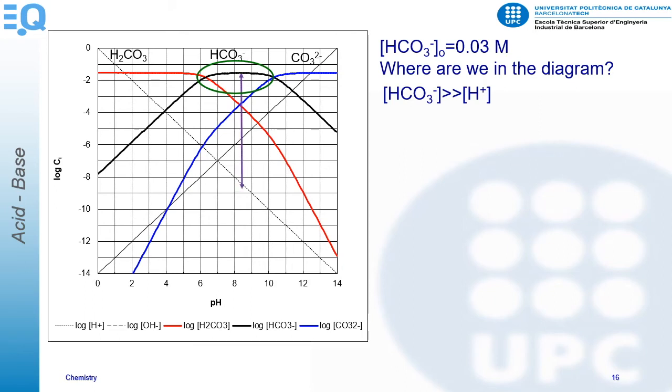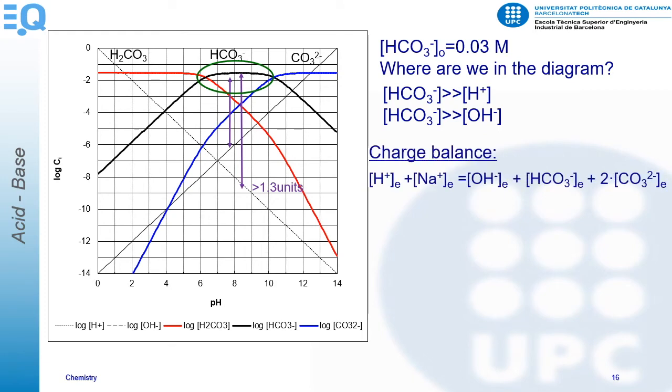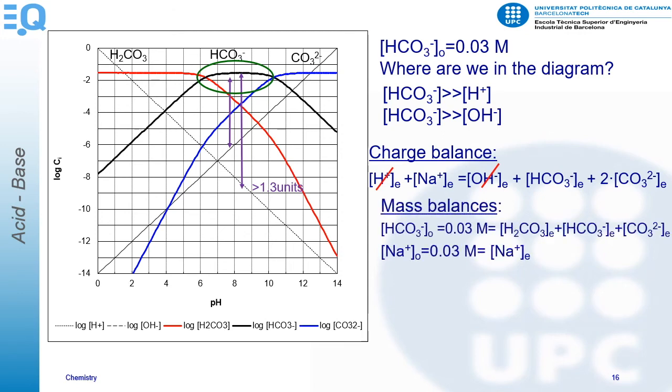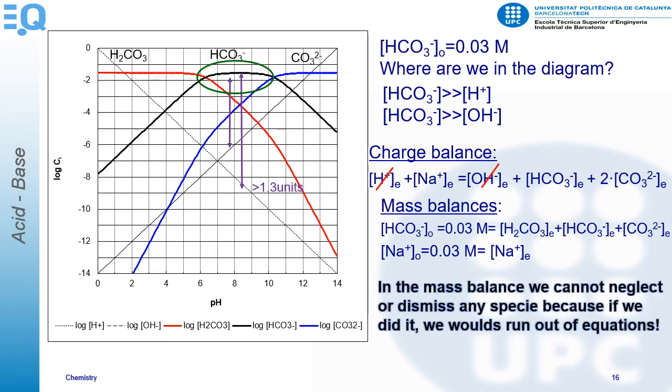In this part of the diagram, the concentration of both the protons and the hydroxide anions are much smaller than the initial concentration of hydrogen carbonate, which is much more than 1.3 logarithmic units, so they can be dismissed from the charge balance. In the mass balances, however, no species can be dismissed as their concentrations are much more similar in this area. What should we do then?